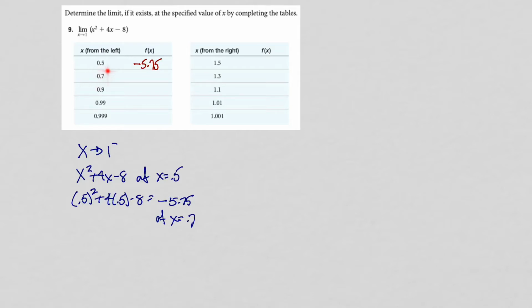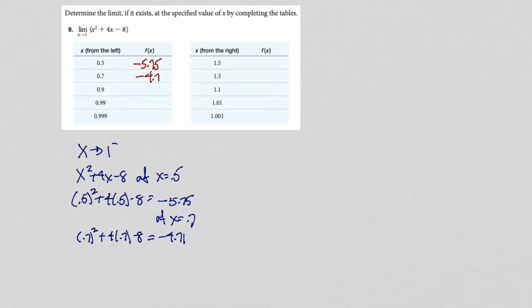Now let's try this at x equals 0.7. We'll come in a little bit closer. We used 0.5, now we'll try 0.7. At 0.7, we get 0.7 squared plus 4 times 0.7 minus 8, and on my calculator I got that to be negative 4.71. I'll put that up here.